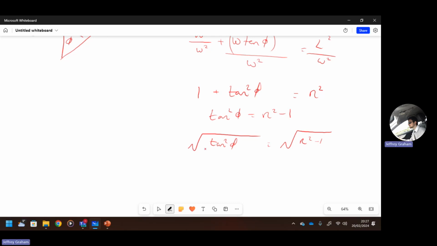Lastly, square root of tan squared is just tan of the bank angle. N squared minus 1, I'm going to be leaving that in the square root, although it can be separated out.